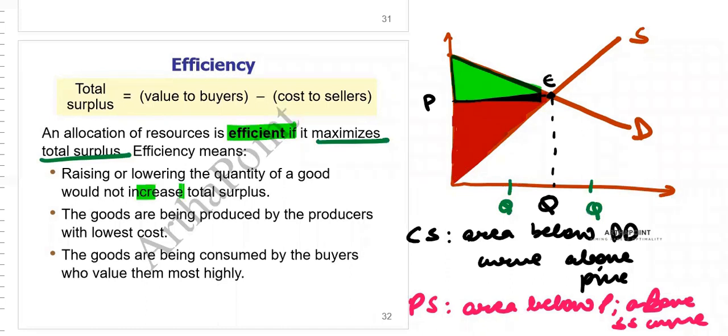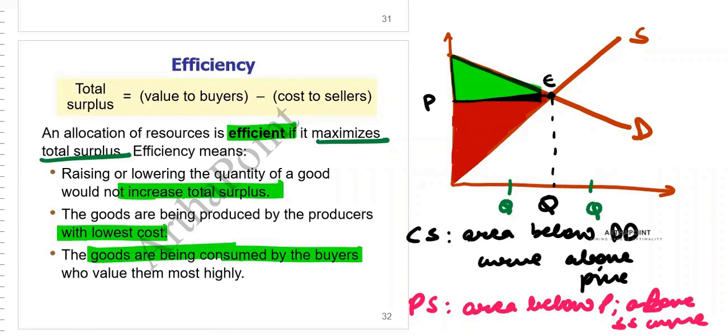Will that change the total surplus? No, not really. If I reduce the cost of production, or let's say that the goods that are produced or consumed are those which the consumer values the most, will those change the total surplus? That is what my analysis is all going to be.